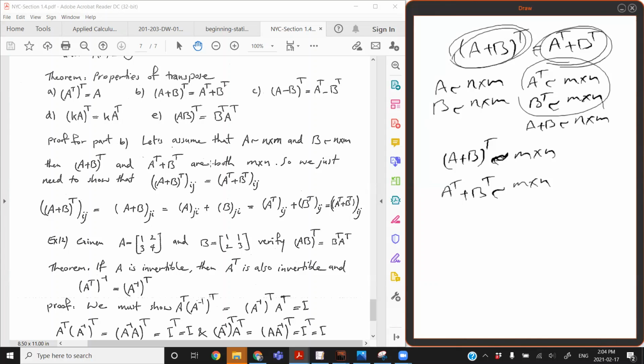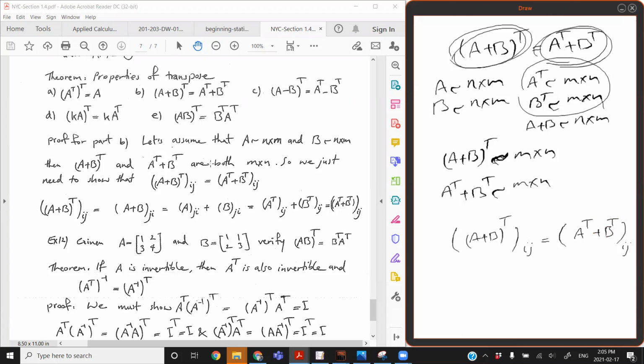The second step is to show that these two matrices have the same entries in every position. So the next step would be to show that the entry on the ith row and jth column of (A plus B) transpose is the same as the entry on the ith row and jth column of A transpose plus B transpose.